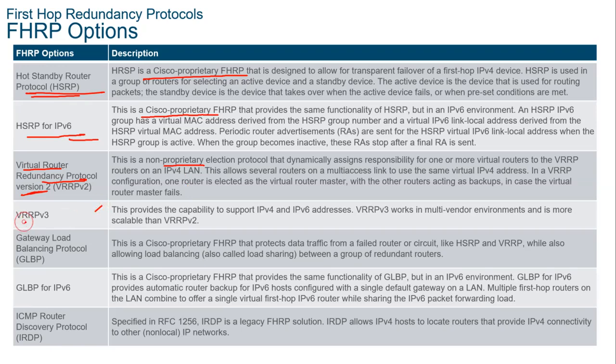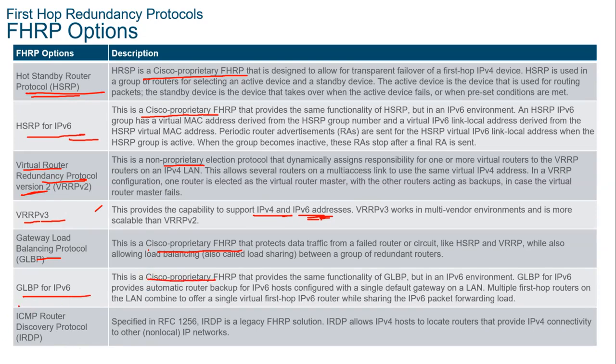We have Virtual Router Redundancy Protocol version 3, which supports both IPv4 and IPv6. Then we have Gateway Load Balancing Protocol, a Cisco proprietary protocol, and Gateway Load Balancing Protocol for IPv6, still Cisco proprietary.